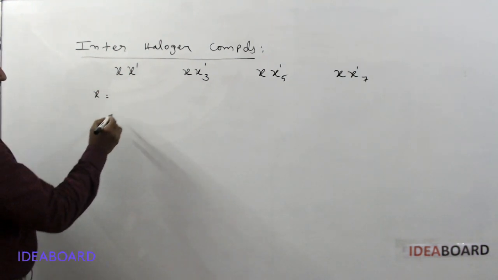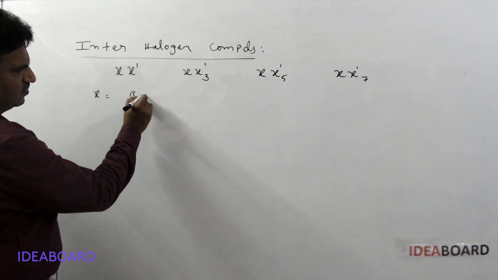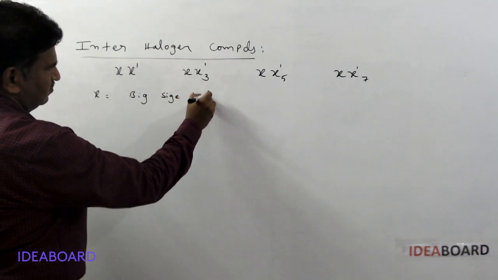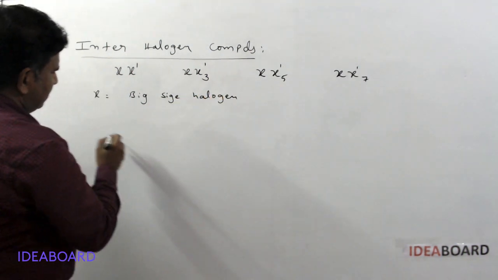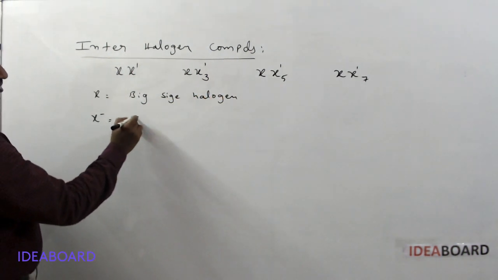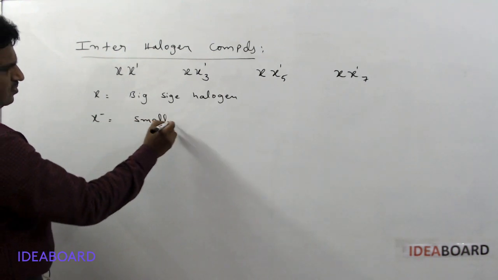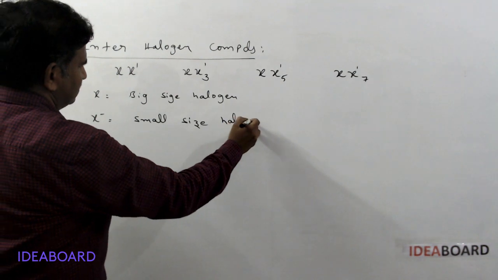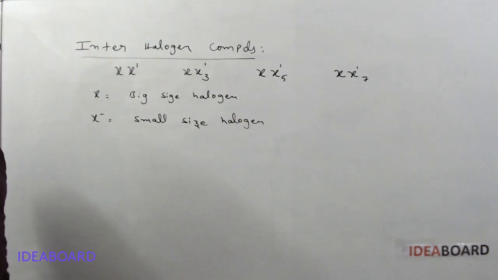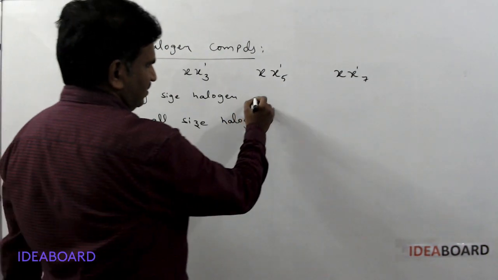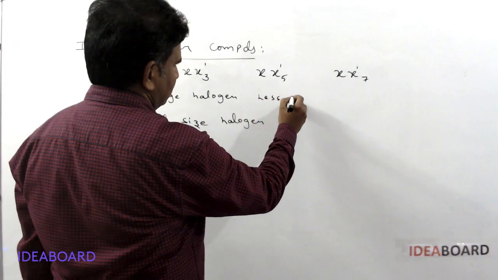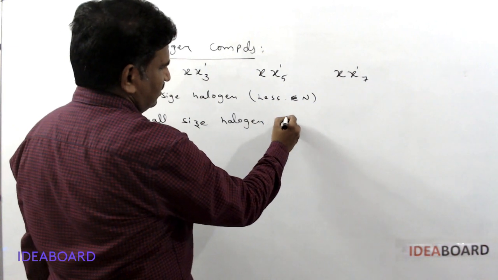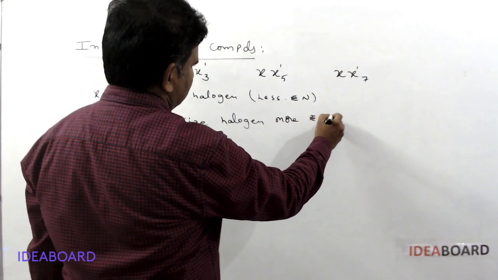So what is X here? It is generally a big size halogen. And what is X dash? A small size halogen, which is called more electronegative halogen.